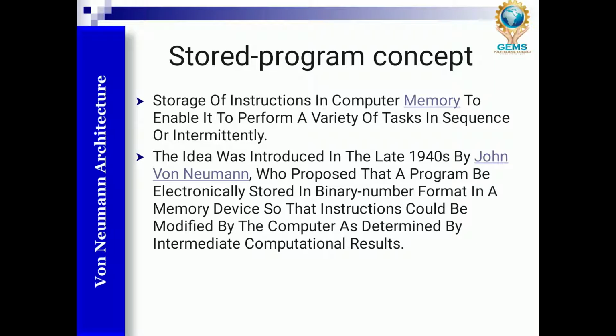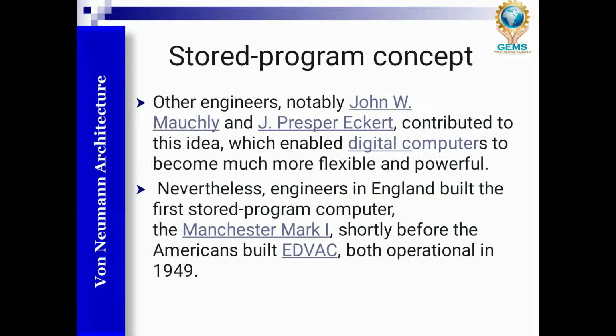The idea was introduced in the late 1940s by John von Neumann, who proposed that a program be electronically stored in binary number form in a memory device, so that instructions could be modified by the computer as determined by intermediate computational results.